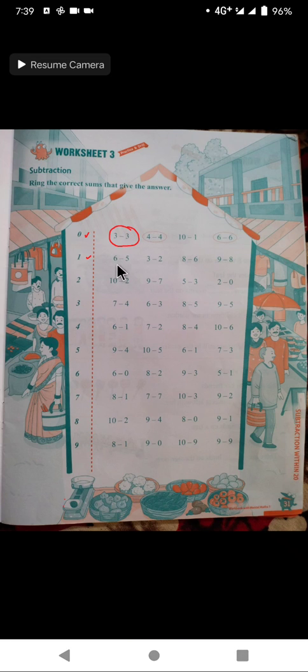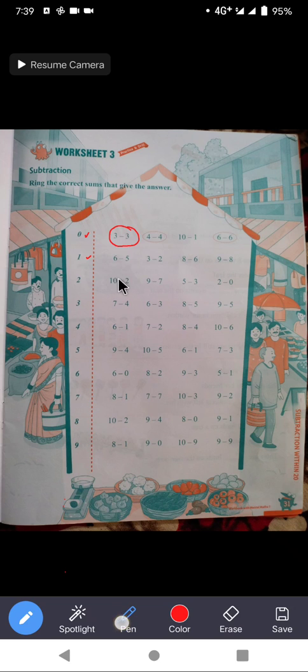So we have to circle this, because it is giving the answer 1. Then 3 minus 2 is also equal to 1, so I will circle this also.